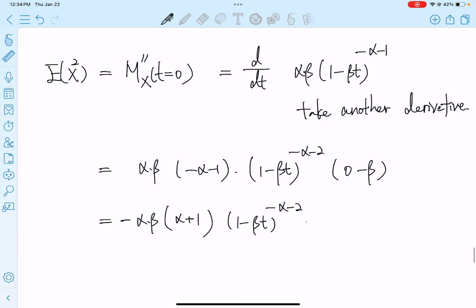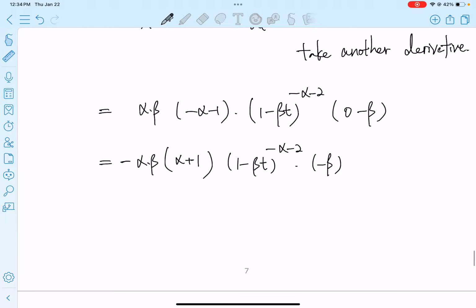And then also a negative beta. So the negative sign cancels out. We will have alpha beta squared, alpha plus 1, and then (1 minus beta t) to the negative alpha minus 2.